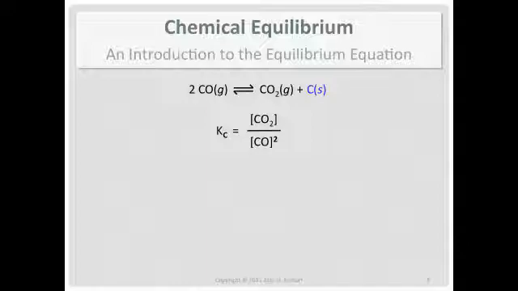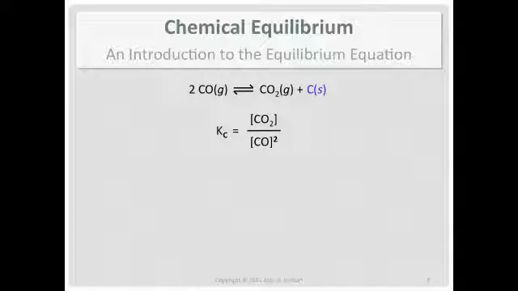Whenever you write an equilibrium equation, you leave out pure solids and pure liquids. The concentrations of pure solids and pure liquids don't change. If you take pure water, for instance, it's about 55 moles per liter. And regardless of whether you have a small amount or a large amount, the concentration doesn't change.